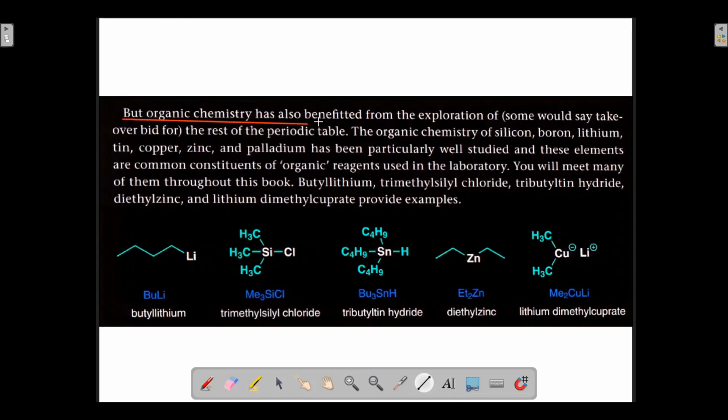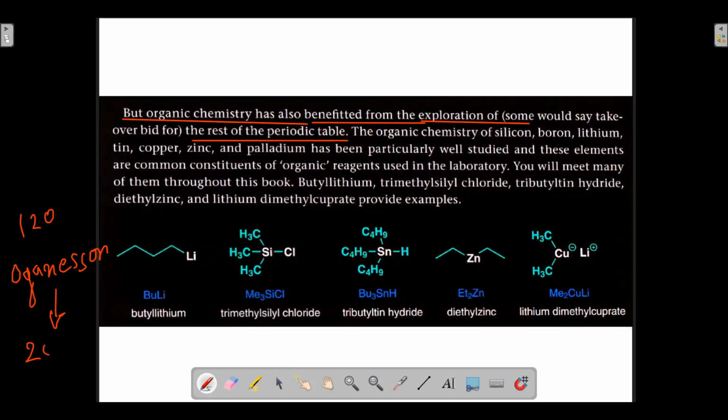Organic chemistry has also benefited from the exploration of the rest of the periodic table. The periodic table right now has 120 elements, up to Oganesson, and this is as of 2025.